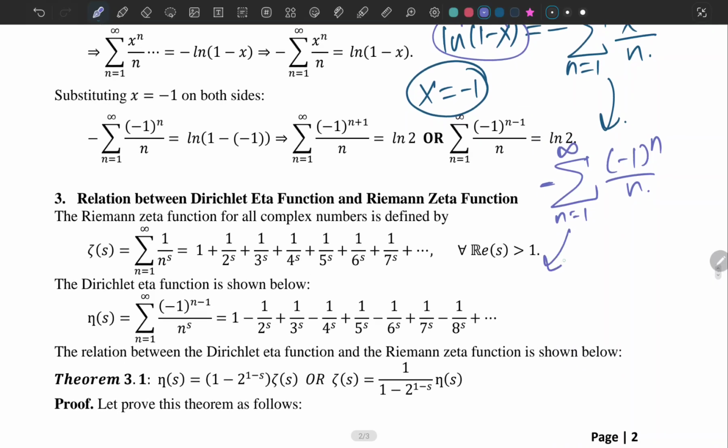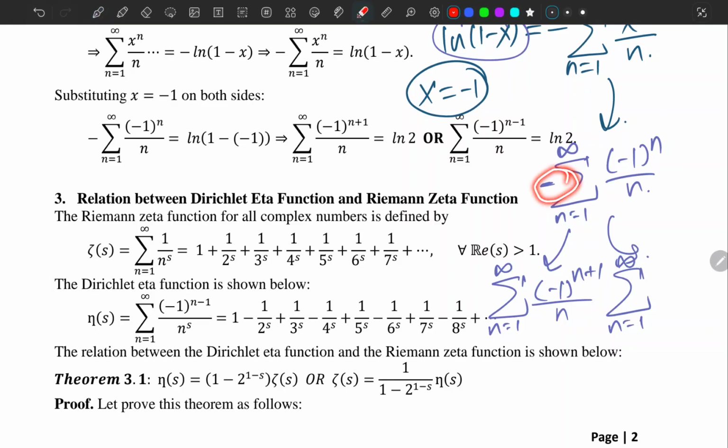We can write this in two ways, something like this. When we consider the negative 1 factor in the numerator, that's going to be negative 1 to the n plus 1 over n, and the other one is the infinite sum as n goes from 1 to infinity where the negative factor is in the denominator, so that's going to be negative 1 to the n minus 1 over n, right?